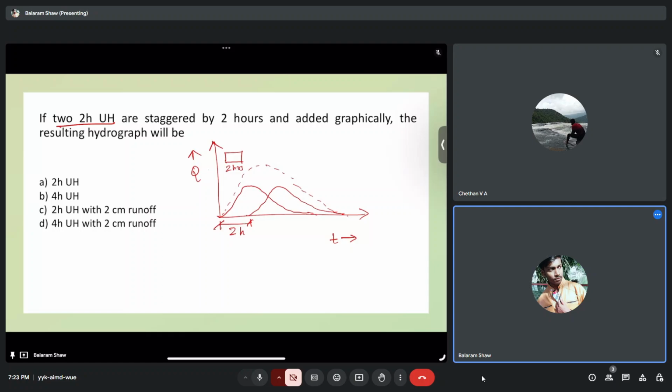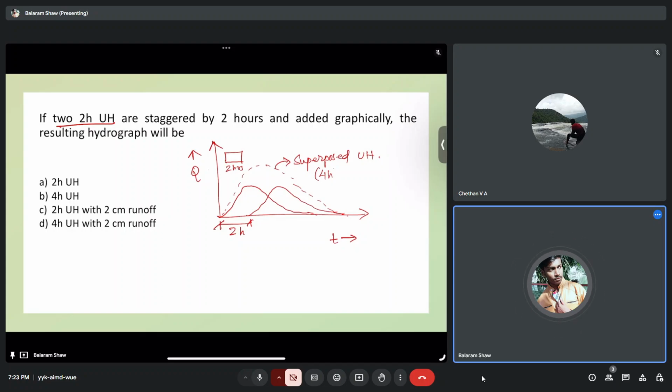So this is the superposed unit hydrograph. Okay, so firstly what will be the unit hydrograph? It will be 4 hour unit hydrograph, right? Because two hours are there. 4 hour unit hydrograph, and again 1 centimeter of this, because what is unit hydrograph?